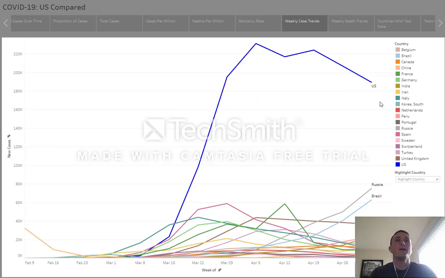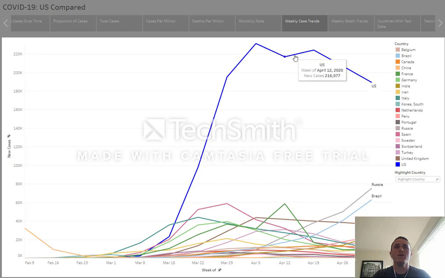All right, so looking at how this looks weekly, because we've noticed the numbers bouncing around different countries in the news. So we can see where the US almost went from no cases around March 8th, March 15th when this thing really started kicking off. And then, boom, about 3 weeks later, we've skyrocketed to the top of the charts of new cases being reported weekly.